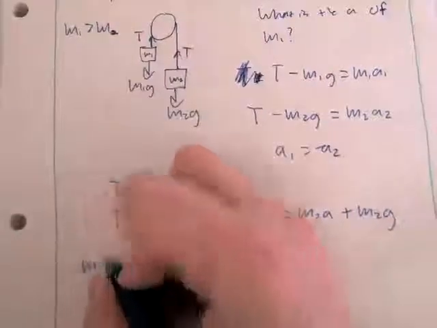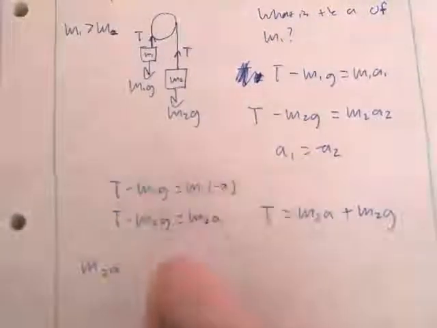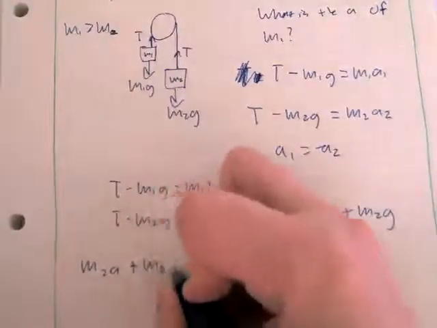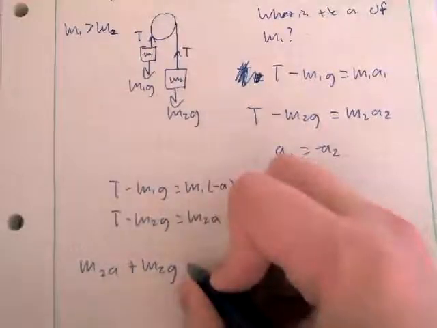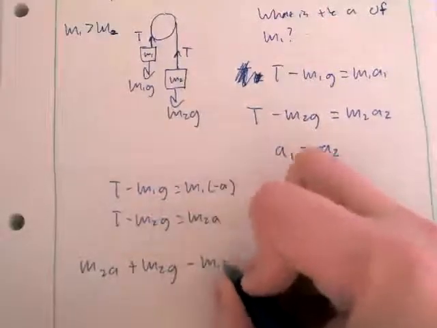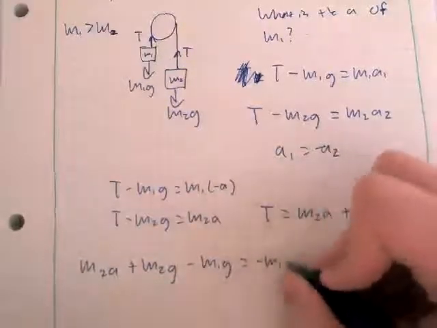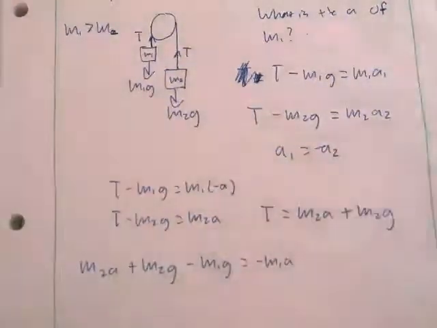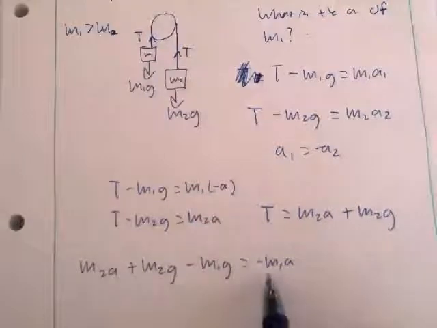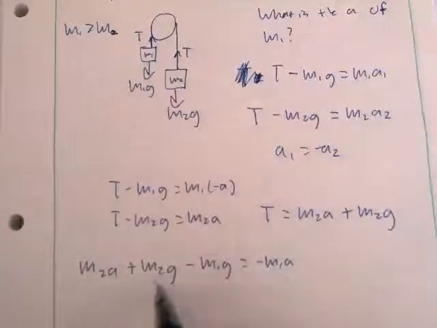So now we have m2a plus m2g minus m1g equals minus m1a. I'm just moving the minus sign out to the front there. Okay, so now we have one equation and one unknown. Let's collect our a terms. I'm going to move this one over here, and move these two over to the right side.